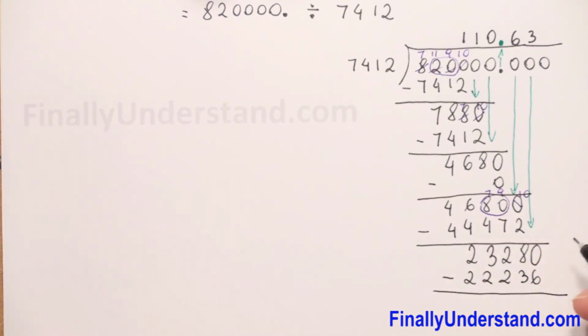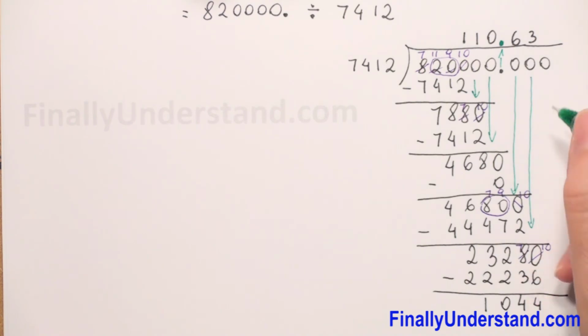Again, subtraction. 0 minus 6, so we have to borrow 1 from 8, so it will be 7, and we have 10 at the end. 10 minus 6 is 4. 7 minus 3 is 4. 2 minus 2 is 0. 3 minus 2 is 1.